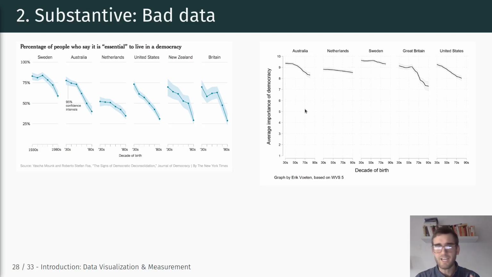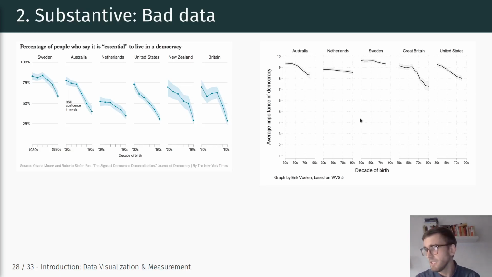But if we look at the actual average value on that original scale in the World Value Survey, we can see that, of course, there is a decline as well, and we can talk about how problematic that is, but it is far less dramatic, far less accentuated than the original graphic suggests, right?